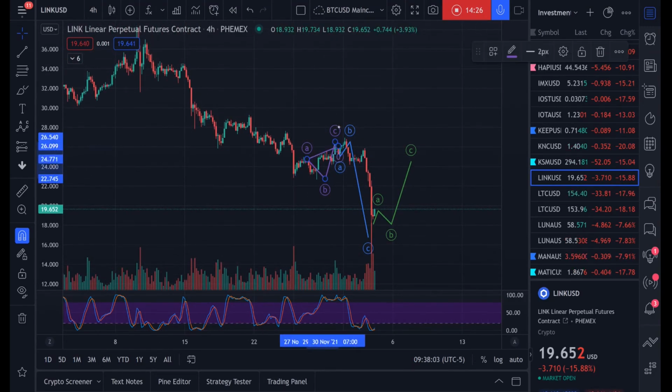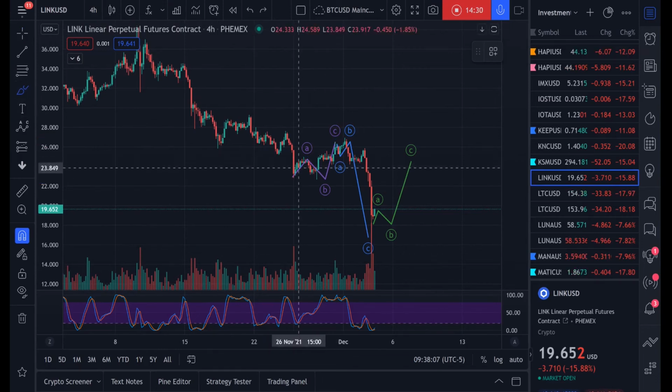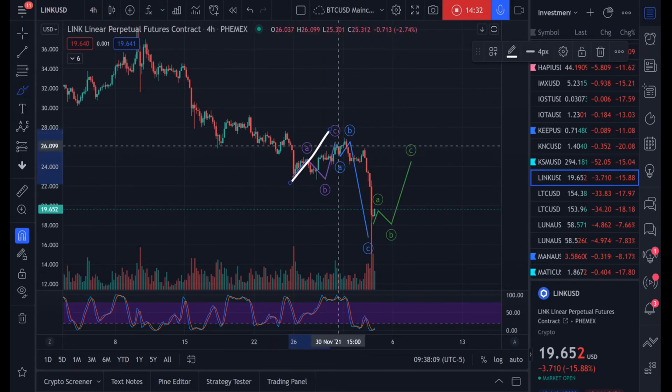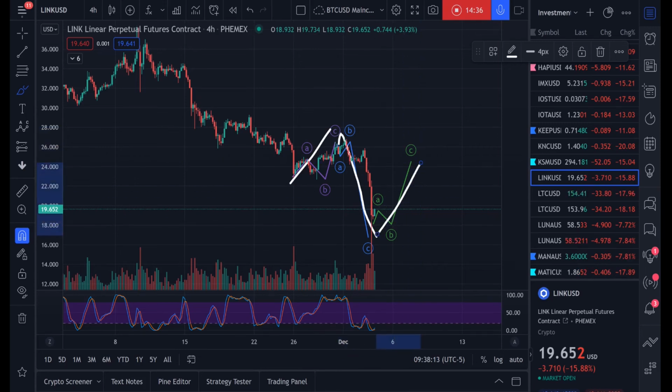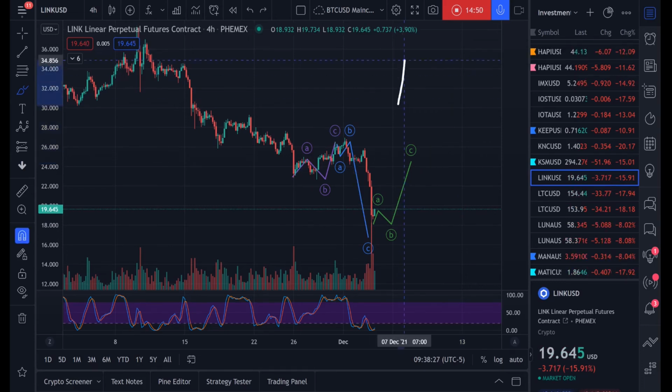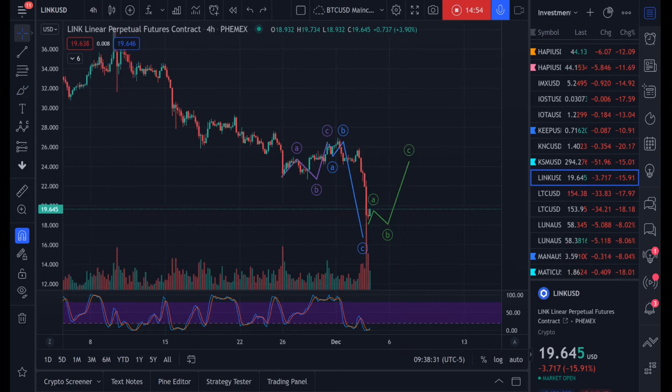A, B, and C. Okay, so we're looking for that pivot, and that C wave is going to give us our impulse. So this is basically what we're looking for, and this is why we're keen on trading Link for the month of December and maybe into January. I'm not exactly sure. I don't have a time frame.